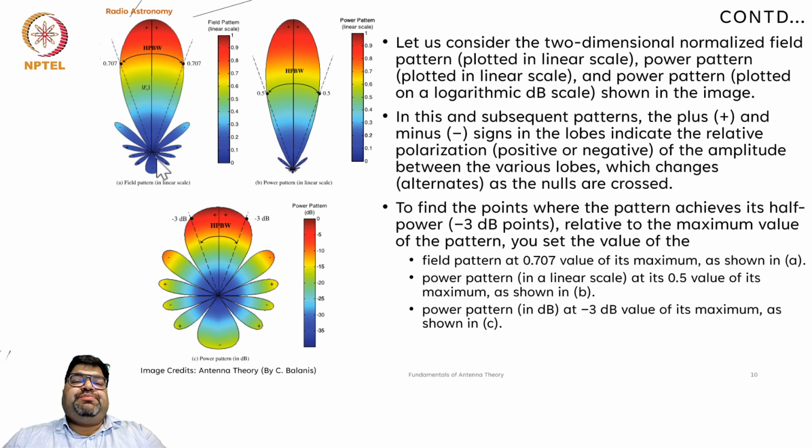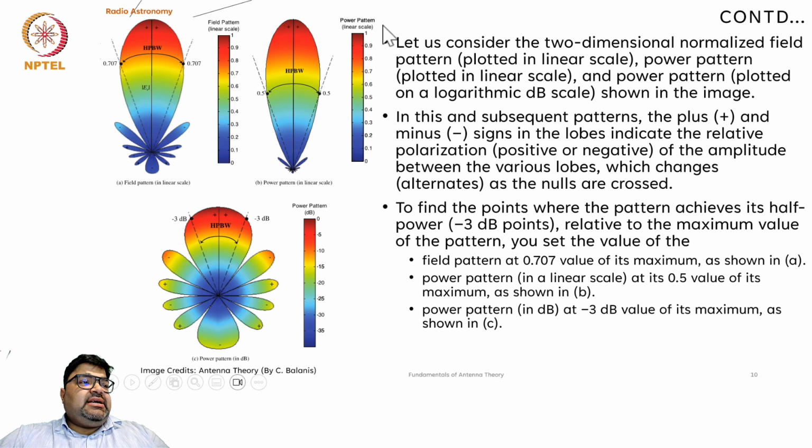No matter where you place your antenna, there will be some reflecting body nearby. Supposedly I put an antenna on the ground. The ground itself acts as a reflector and it produces these side lobes. Okay, so that is the case.